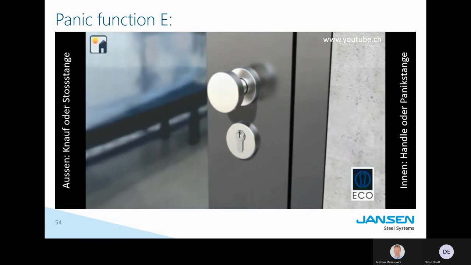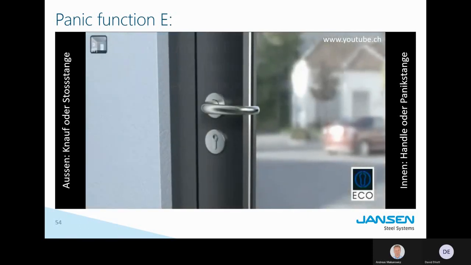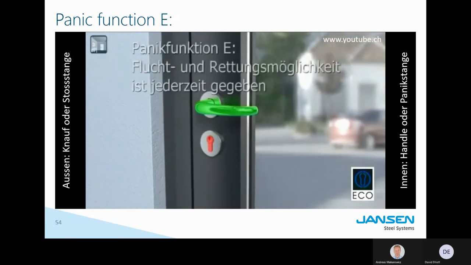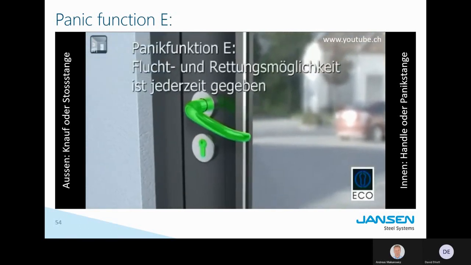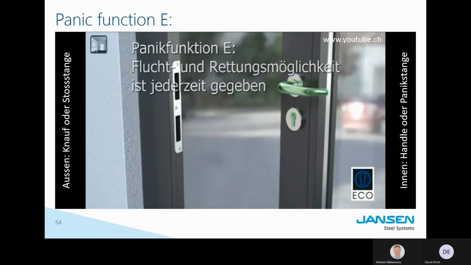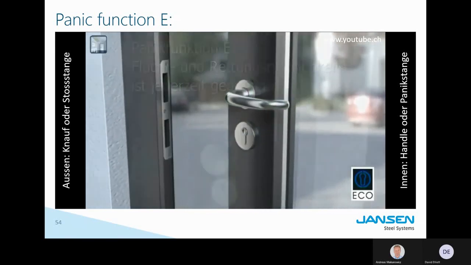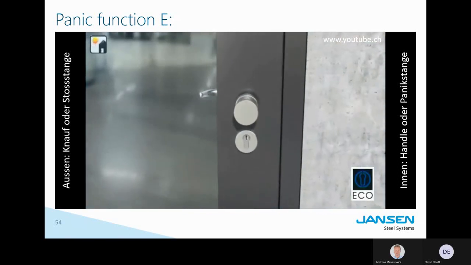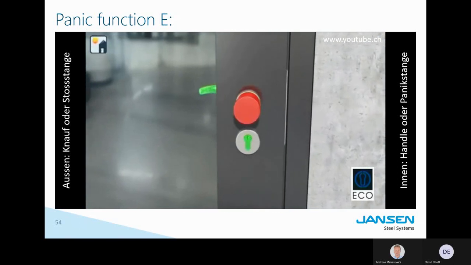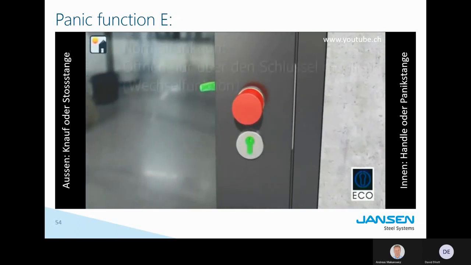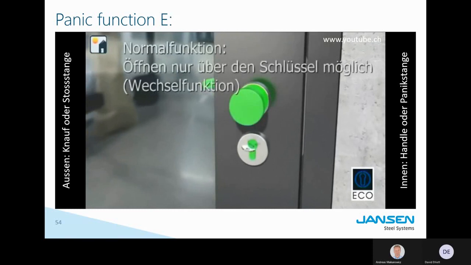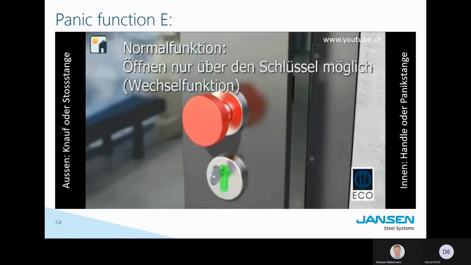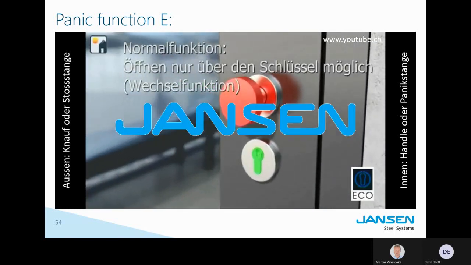Same situation as on the function B. The handle overrides the lock. You can always escape. But once the door closes, that's it. Okay? Got it. All right. So this is E, and an opening just with the key. So without the key, you cannot get in through this door.